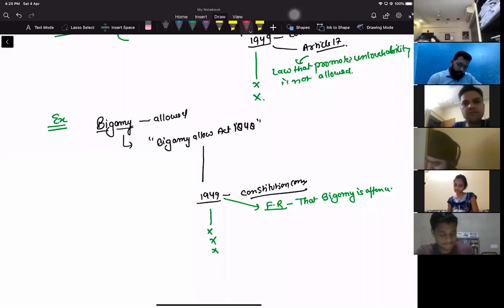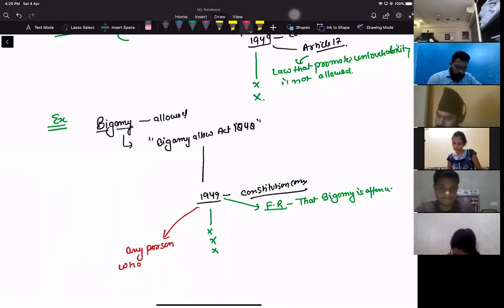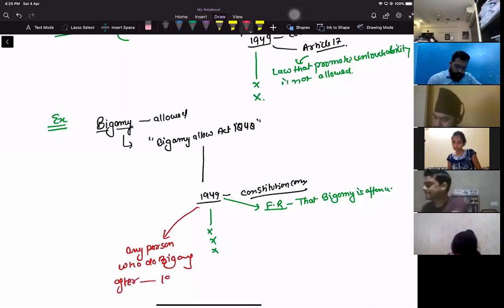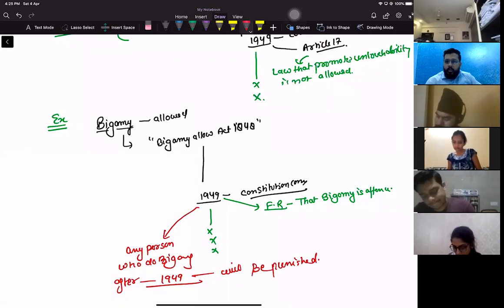That means any person who does bigamy after 1949 will be punished. Am I right or not? Any person who does bigamy after 1949 will be punished.